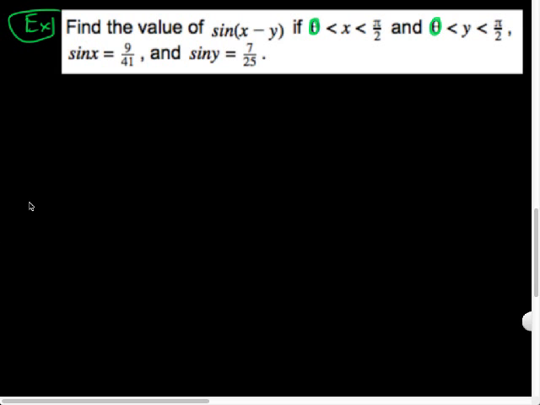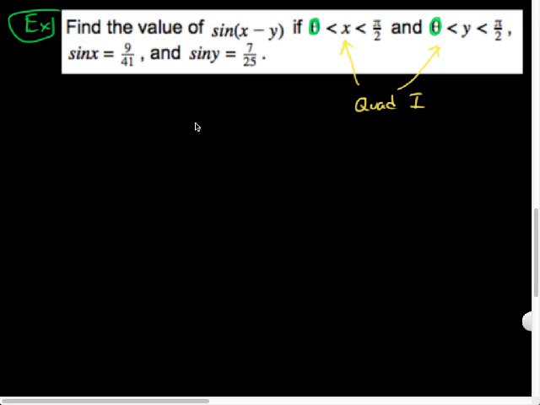What quadrant is that describing? That's quadrant 1, right? That's the same as saying between 0 and 90 degrees. And then they gave us a couple facts. They said sine x is equal to 9 over 41, and sine y is equal to 7 over 25.